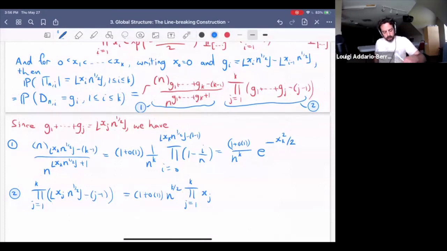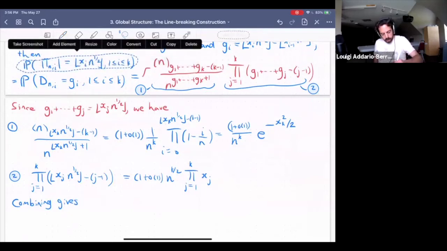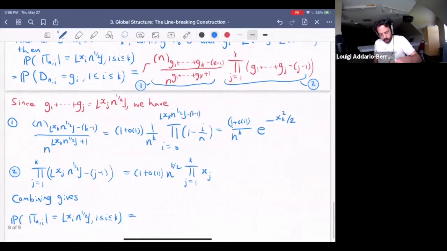And so combining those, I guess this is the probability I really want to be thinking about. So this n to the k over 2 cancels half of that 1 over n to the k. So 1 plus little o(1) over n to the k over 2, and then we have the product of the xj, and then all that times e to the minus xk squared over 2.